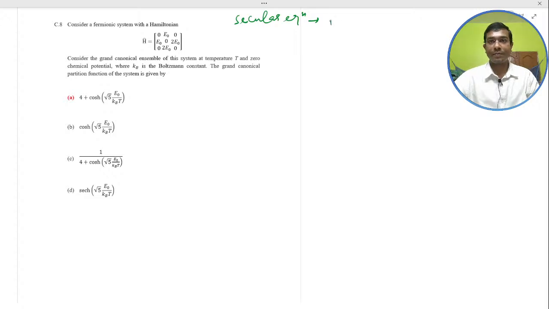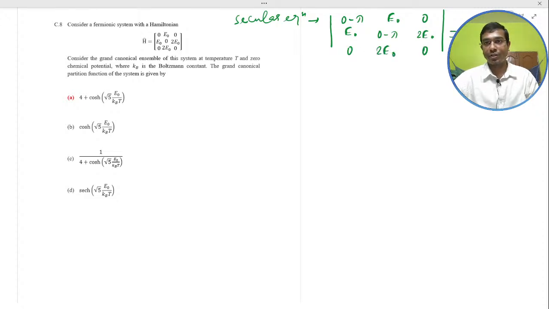The secular equation becomes the determinant of 0 minus lambda, E naught, 0, E naught, 0 minus lambda, twice E naught. Diagonal matrix basically. Upper diagonal and the lower diagonal are symmetric. 2 E naught, 0. This is equal to 0. So the eigenvalues would become lambda: you calculate, it would become 0, root 5 E naught and minus root 5 E naught.